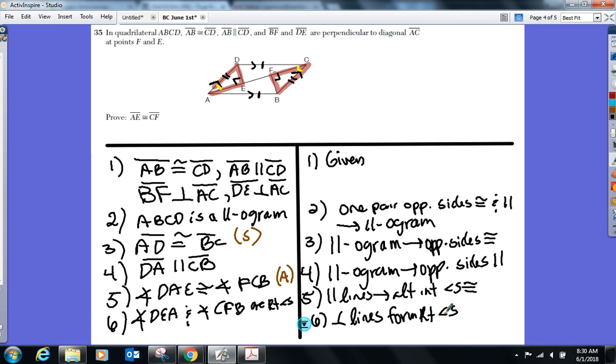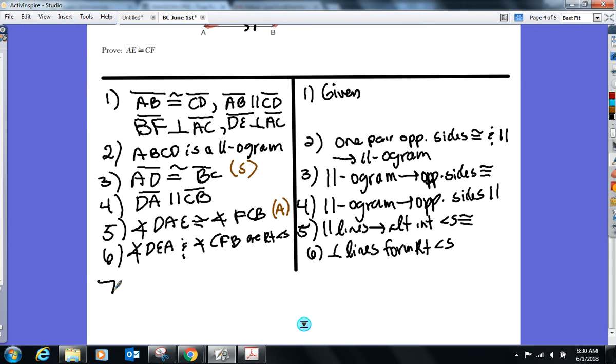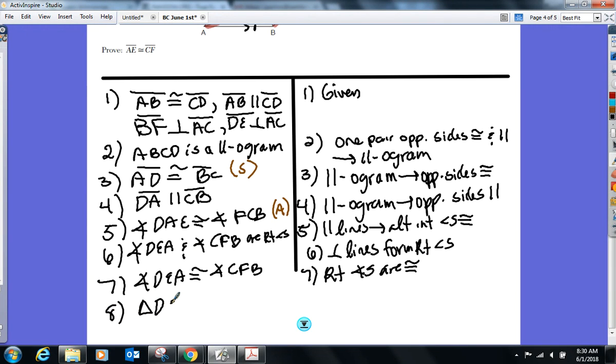And now say they're congruent. And then I'll ask somebody why the triangles would be congruent. All right, give me a solid method here. Why is triangle DEA congruent to triangle CF?